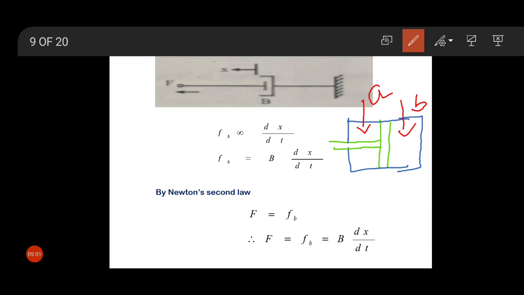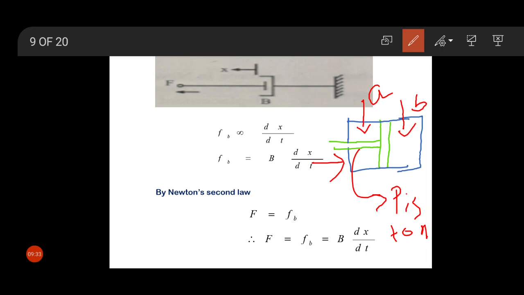If a force is applied to the shaft, here this is the shaft of the dashpot, the piston moves. This is our piston. The piston moves and presses the fluid inside the dashpot.